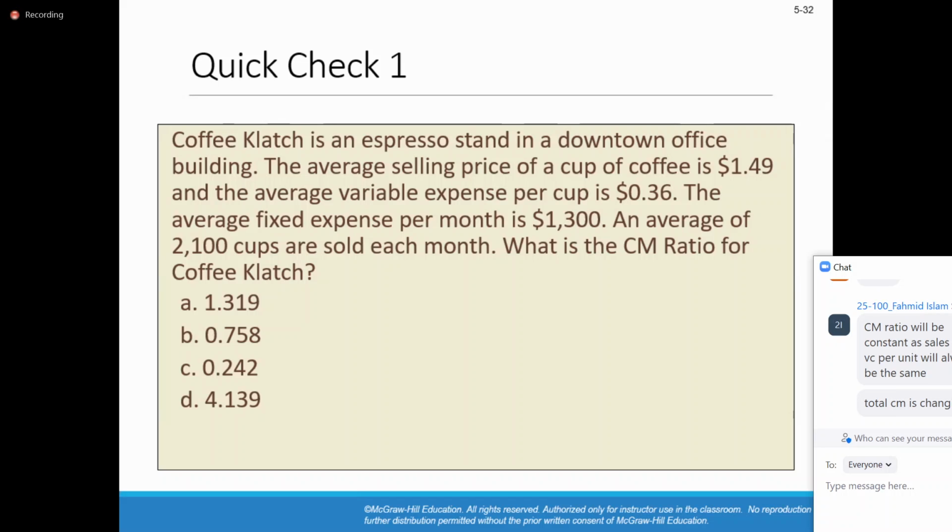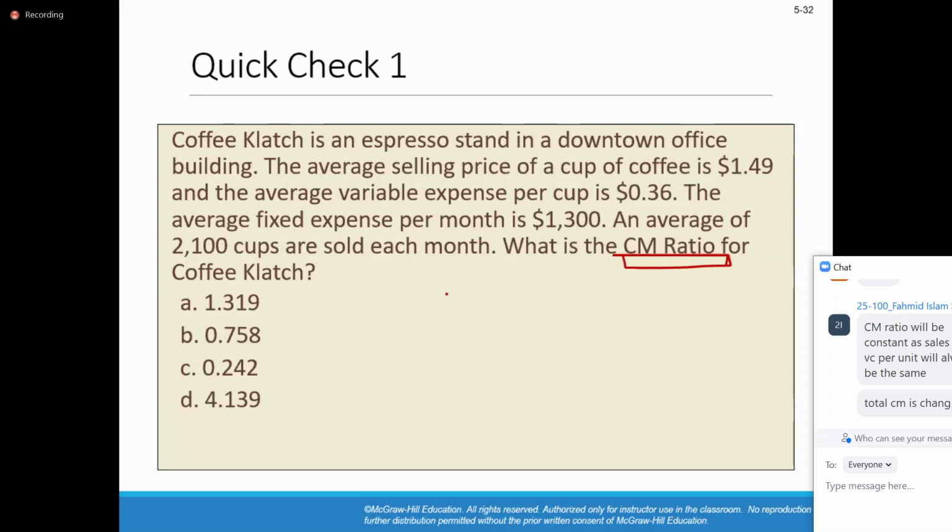The average selling price of a cup of coffee is $1.49, and the average variable expense per cup is $0.36. The average fixed expense per month is $1,300, and an average of 2,100 cups are sold each month. What is the contribution margin ratio for the Coffee Clutch? Do not take your calculator.